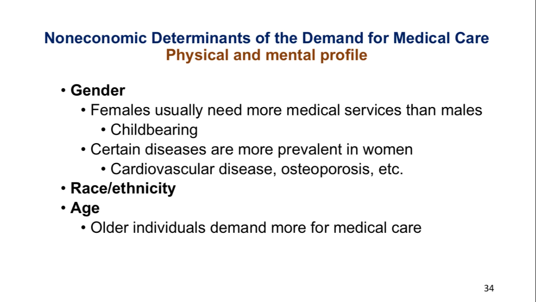Race and ethnicity also determine the demand for medical care differently. Some races have higher rates of certain chronic diseases than others. And age, definitely: as you get older, you demand more medical care.